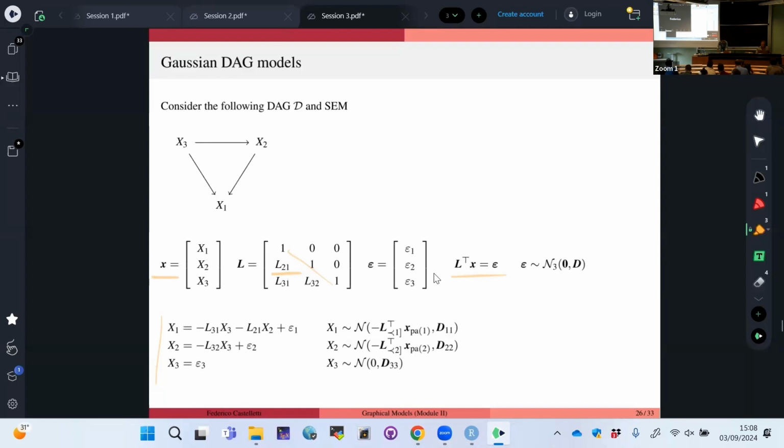Where the parents basically play the role of the covariates for each node. So this implies that the conditional distribution of each node is normal, with some regression coefficients, some parent nodes playing the role of the covariates, and some conditional variance.